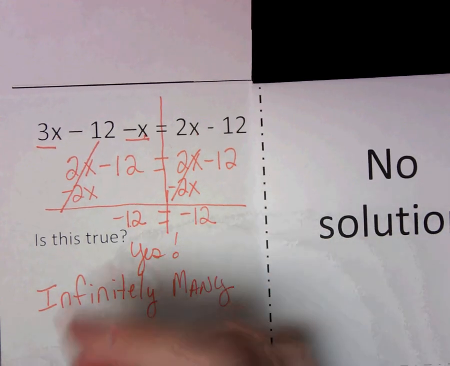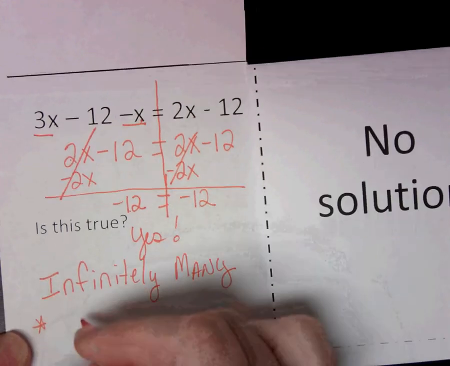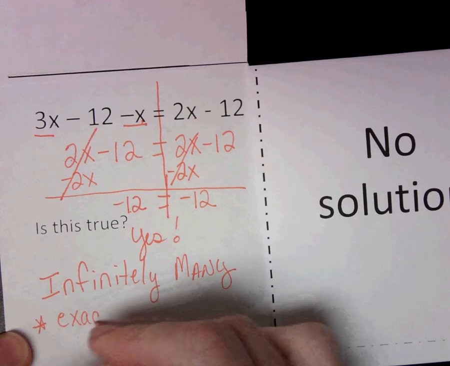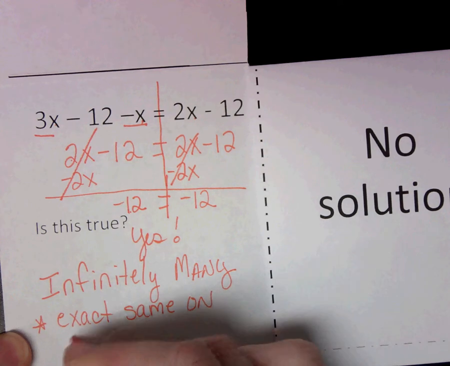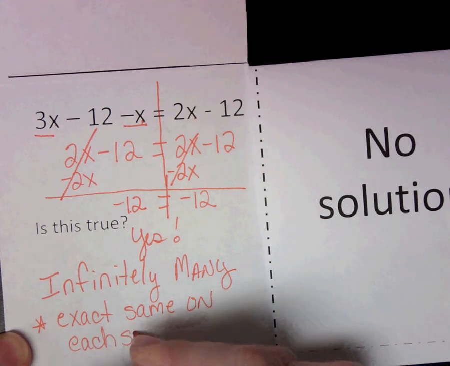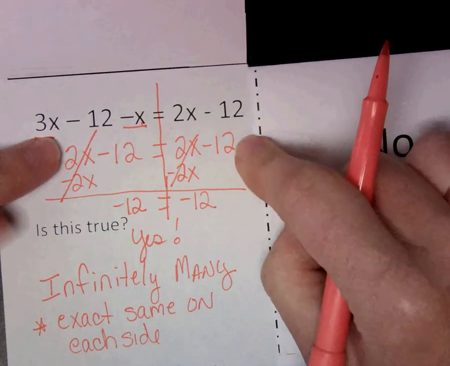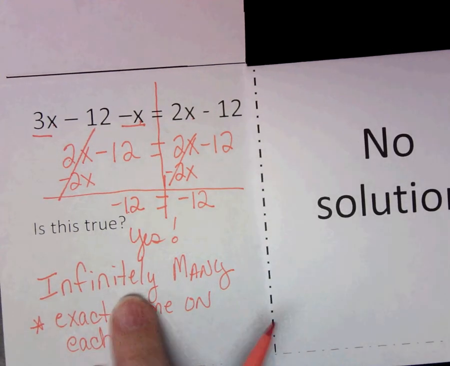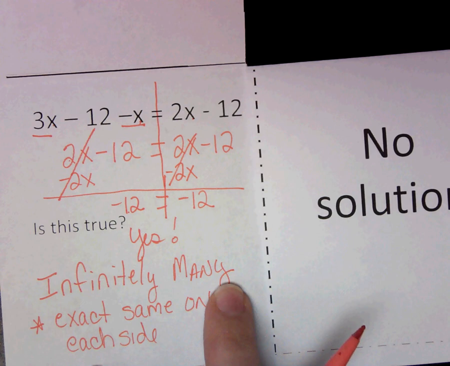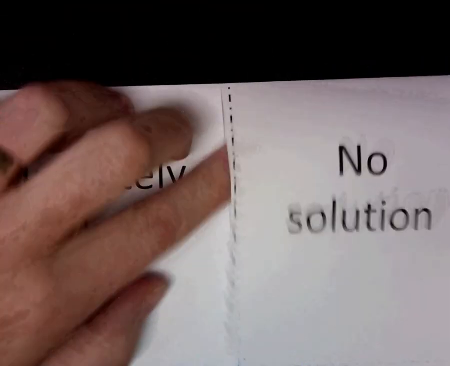What I want you to notice here is that it's the exact same on each side. When I realized right here that it was the exact same, I could have stopped and said infinitely many.